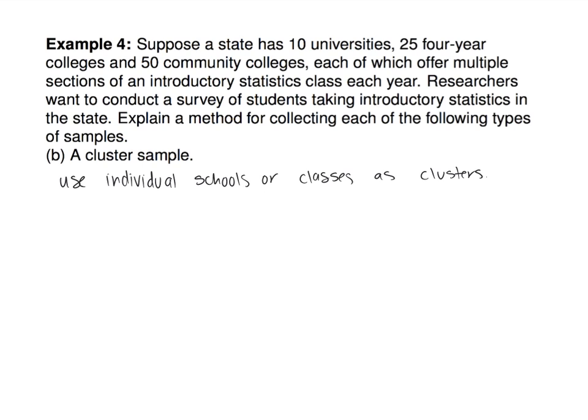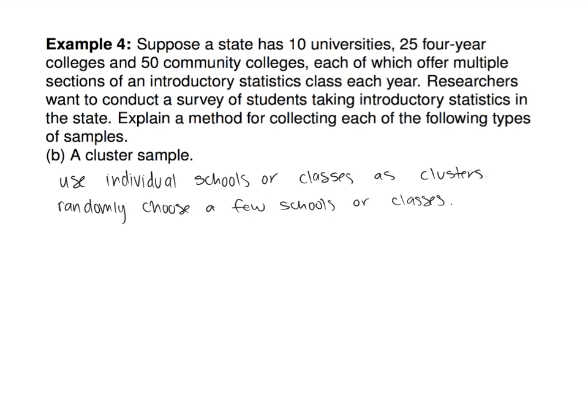Then you could randomly choose a few schools or classes, and then you would survey that whole class or that whole school. Does it make sense that that would be a lot easier? It'd be easier to ask just one class at 5 different schools.